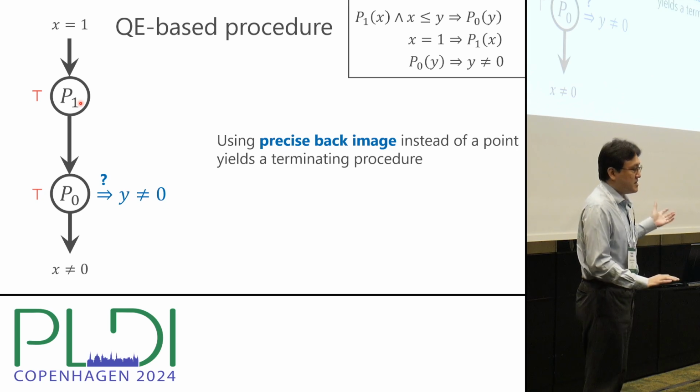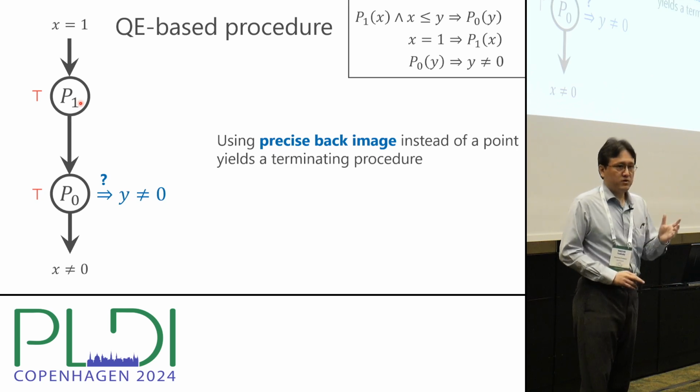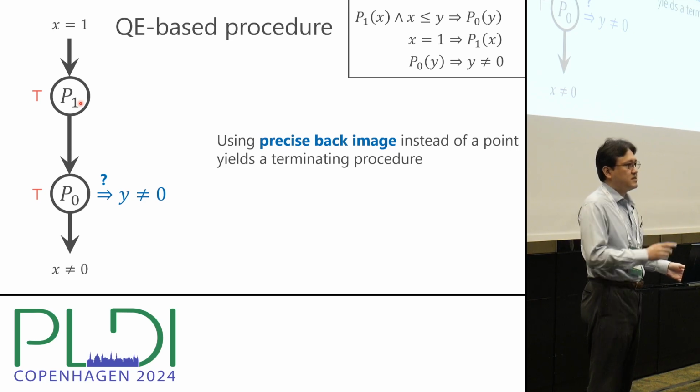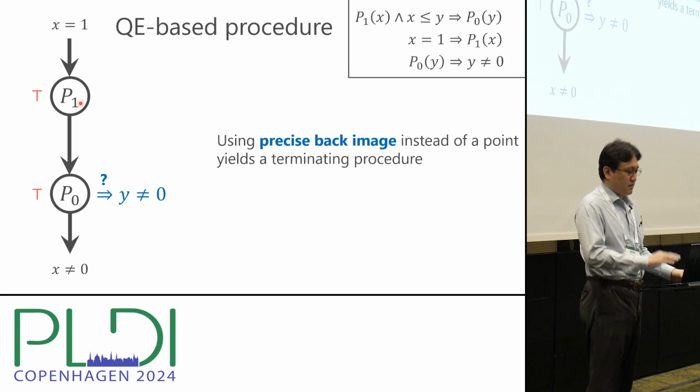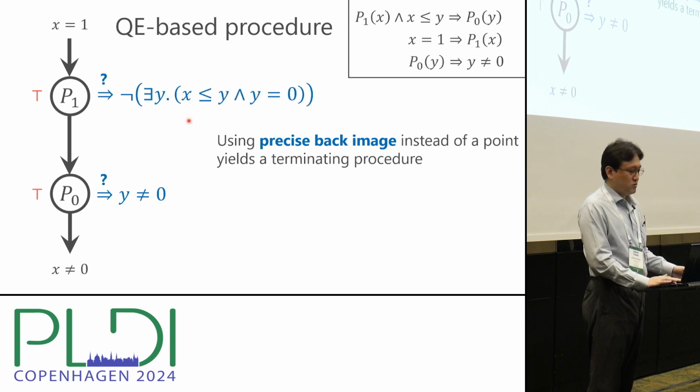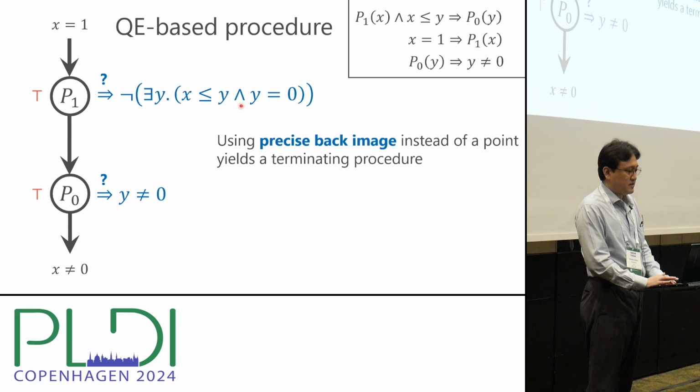So the idea here is to use a set of points instead of a single point. And fortunately, in this case, we can describe the precise back image by using quantifiers like this. So this says that this is true if x is in the back image along this line. Then we can resolve this locally like this.